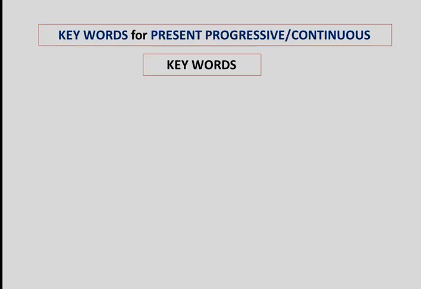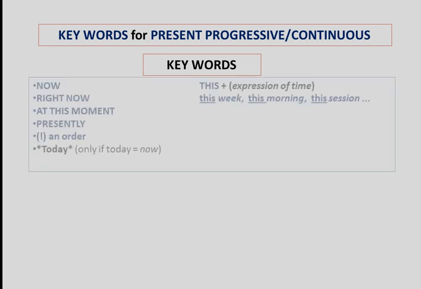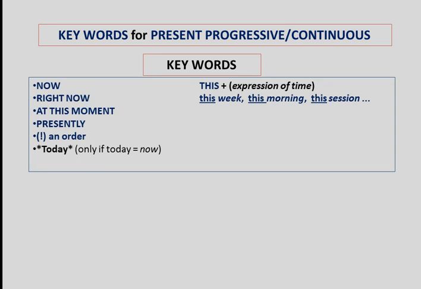Okay, so let's look at the keywords. What kind of keywords would we use for present progressive? Well, anything that indicates the present. So obviously now, right now, at this moment, presently. I use this symbol as a shortcut to indicate that somebody's just given you an order, like, look, listen.